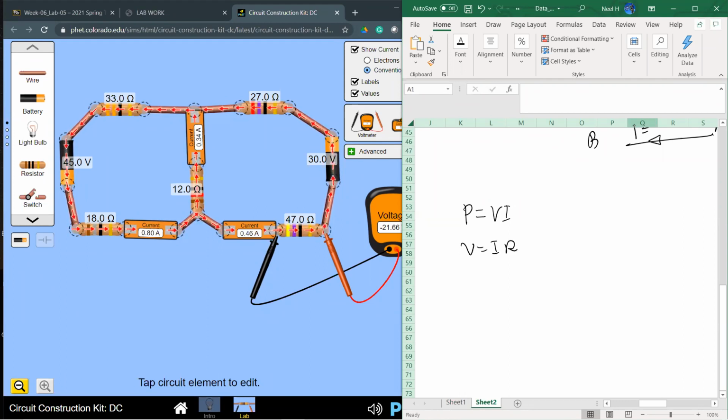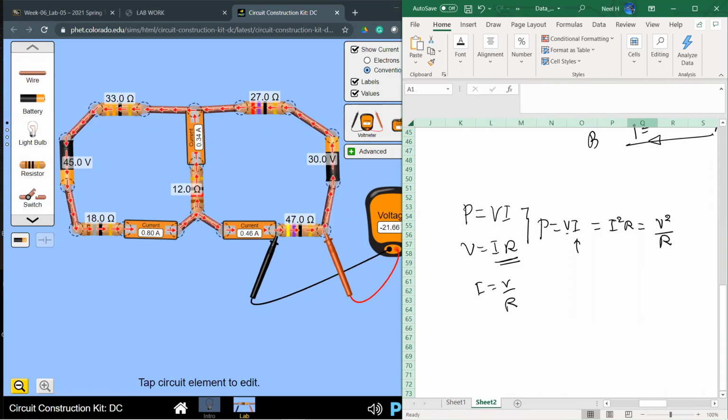If I combine these two together, I can write the power differently. Power can be either VI, or I can get rid of V by using this, and it's going to be I squared R. Or I can get rid of I by using I equals V over R, and then it's going to be V squared over R, right?